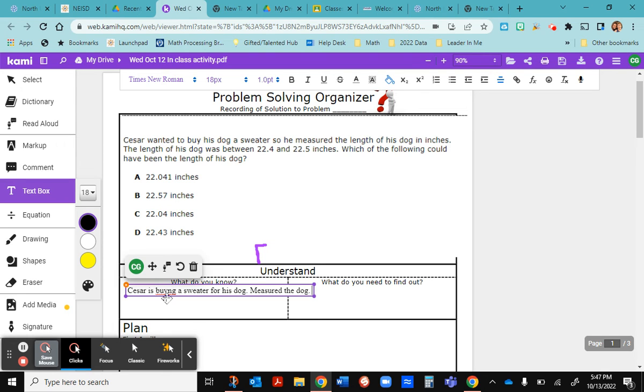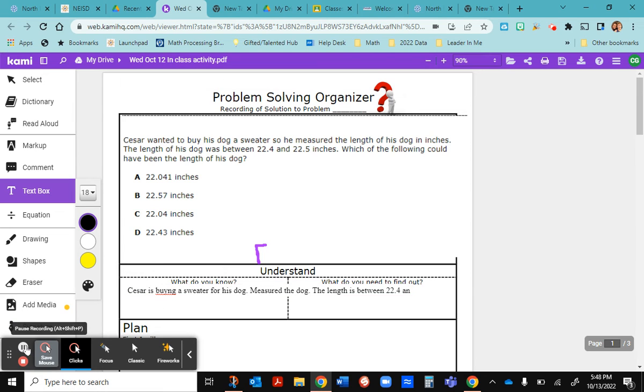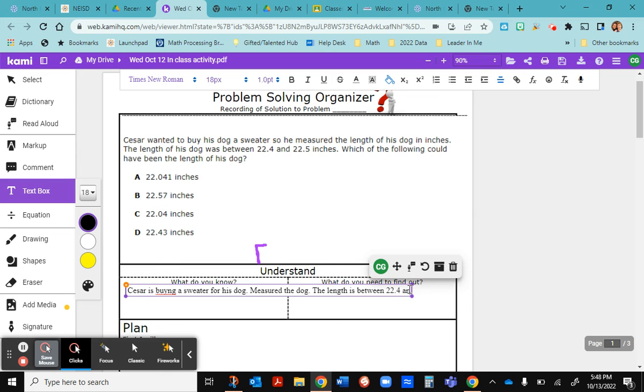So his measurement, the length, is between 22 and 4/10, and 22 and 5/10 inches. Okay, so that's what I know.